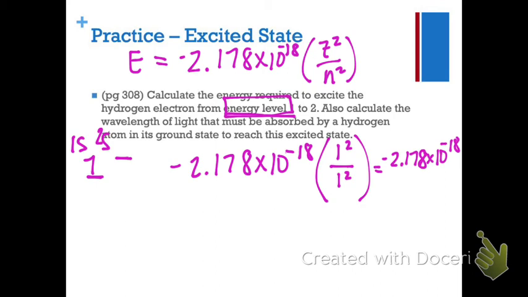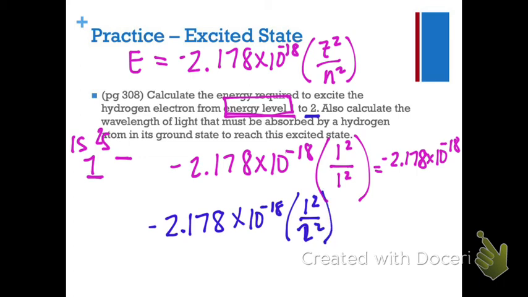If I look at the same thing for energy level 2, the proton number stays the same, my energy level changes. So now let's calculate it based on 1 over 4.